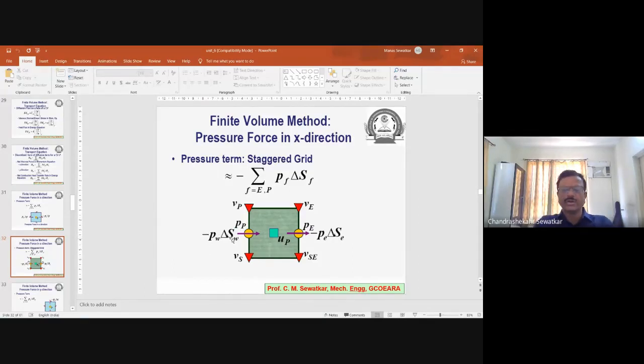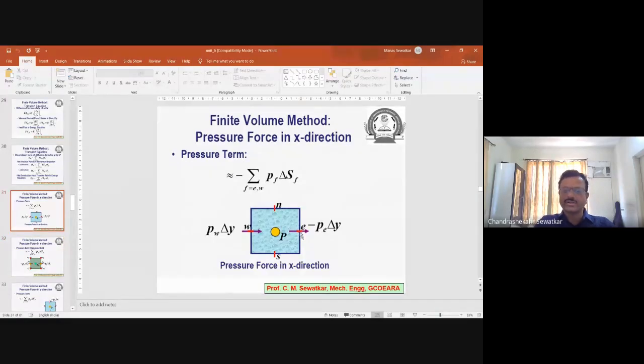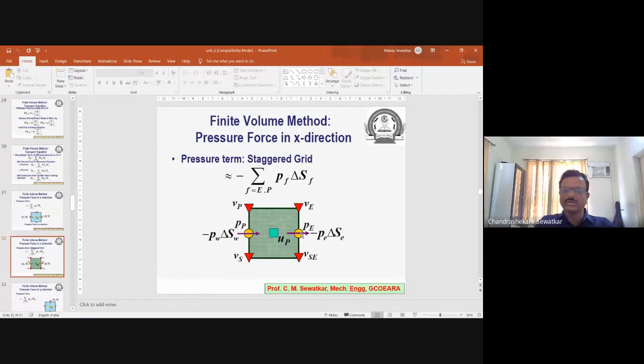So instead of PW into delta SW, we can use PP when it is applied to the U control volume, and instead of PE we can use capital P E. This information is known to us from our initial guess or initial conditions for the pressure because this is a cell center. Here there is no cell center as such for the u velocity, but for pressure we do have the cell center. So PE is in terms of capital P E and PW is in terms of capital P P.